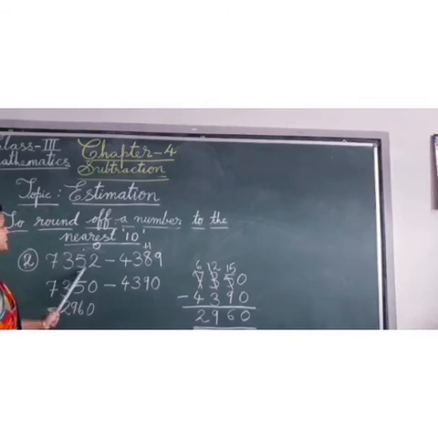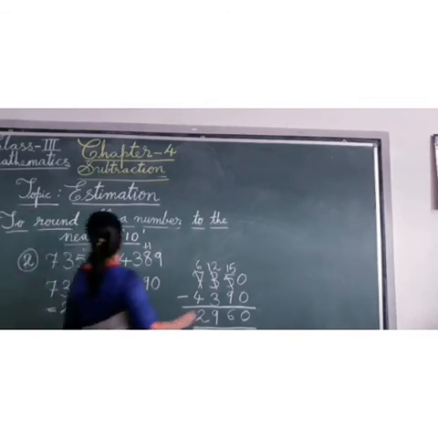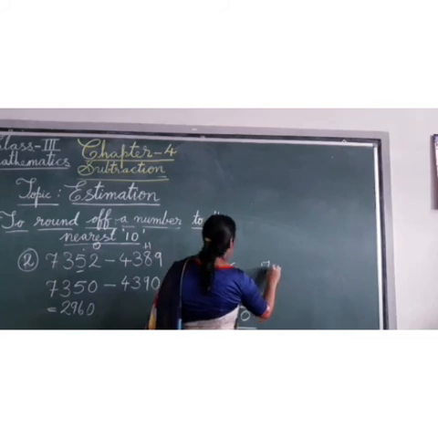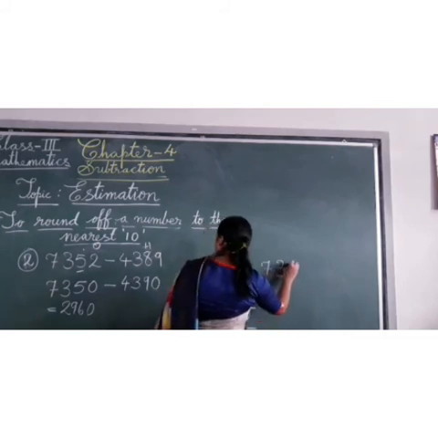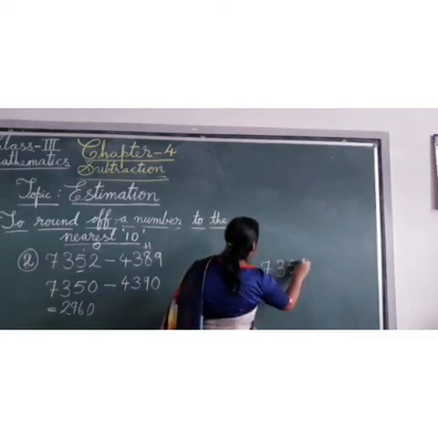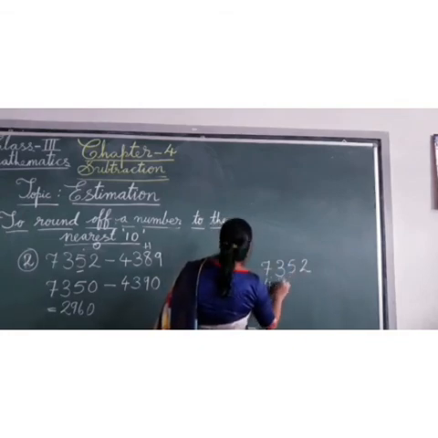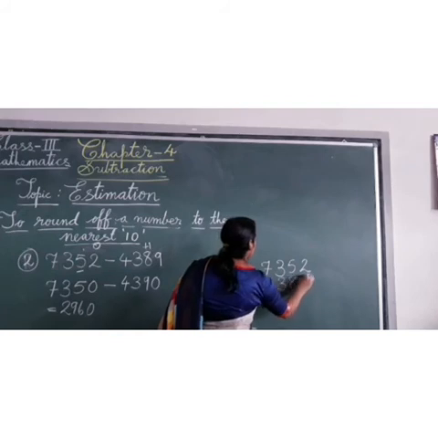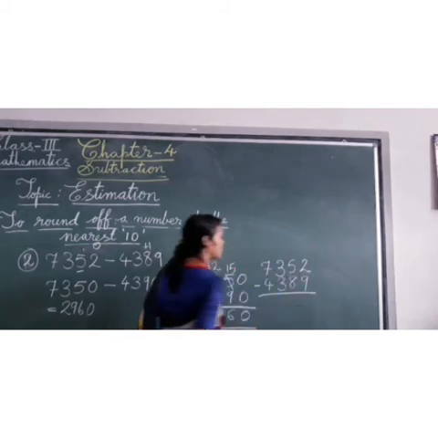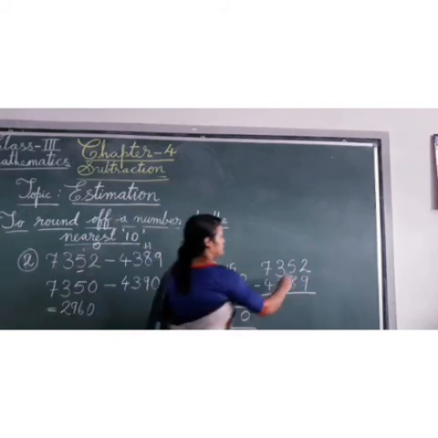Now let us see the real difference. The real difference number is 7,352 minus 4,389. Now let us subtract and see.